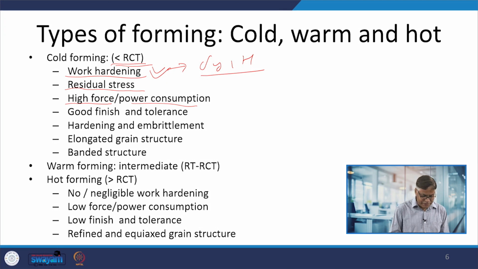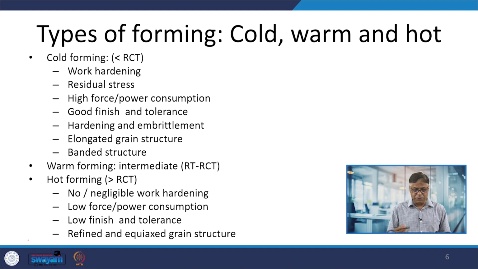Since cold forming is usually done at room temperature, there is no major oxidation and no major dimensional change due to heating and cooling. Therefore, the surface finish is extremely good, largely due to the absence of oxidation, and so is the tolerance.